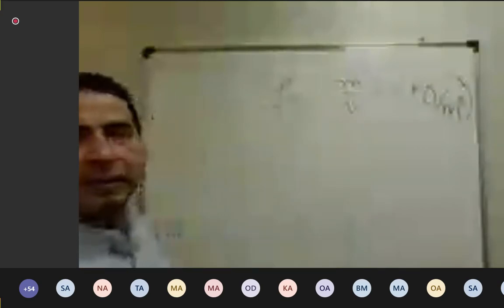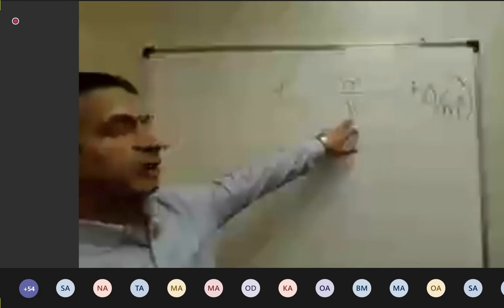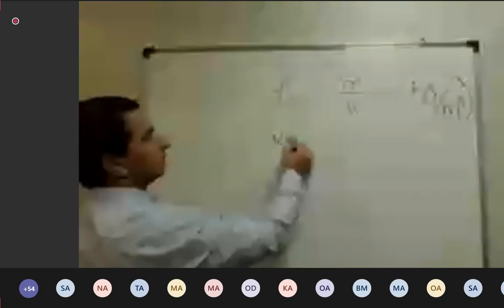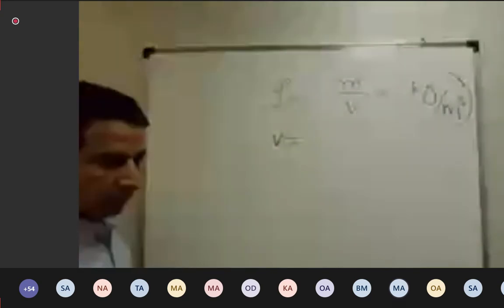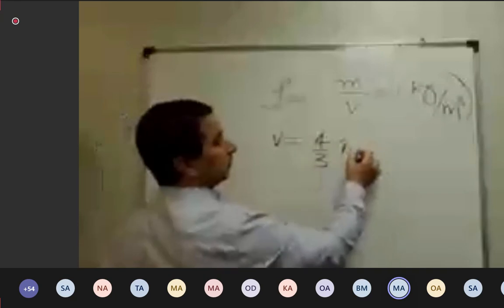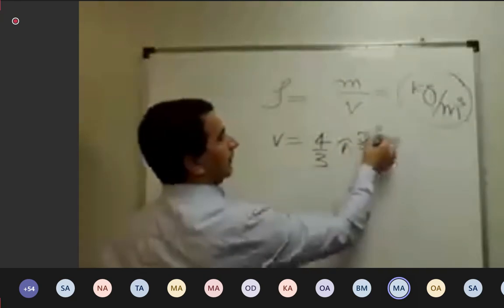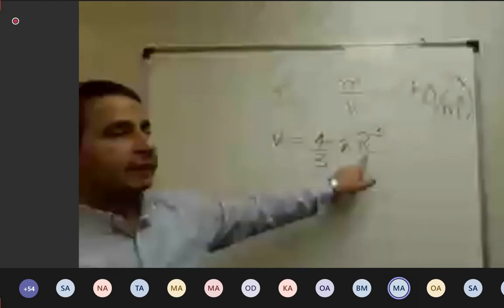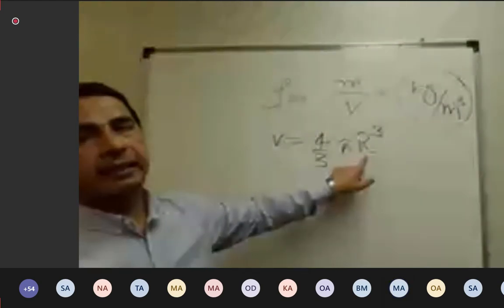Second, we know the volume of a sphere. What is the formula for the volume of a sphere? 4/3 pi R cubed. So in this formula we have the radius, and they're asking for the radius of the copper atom.